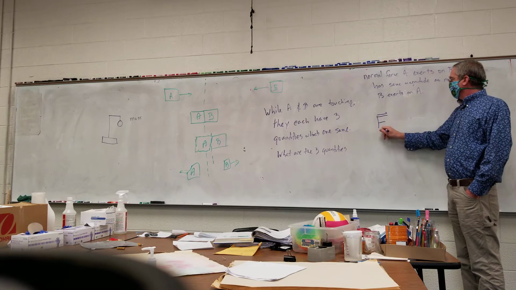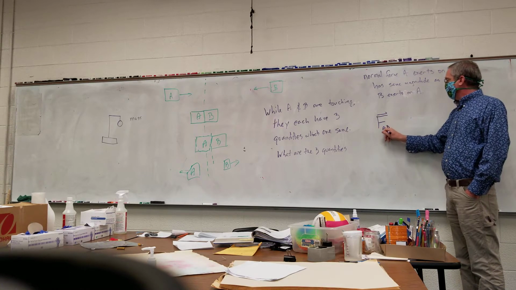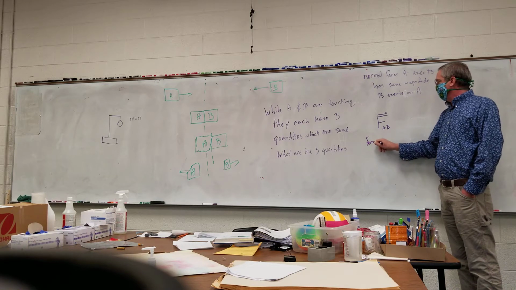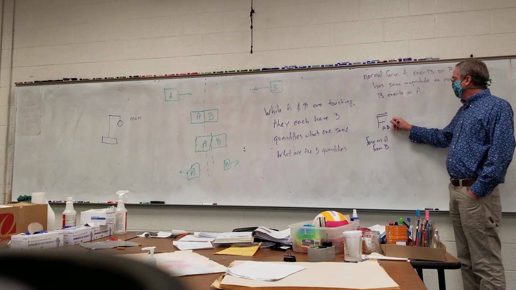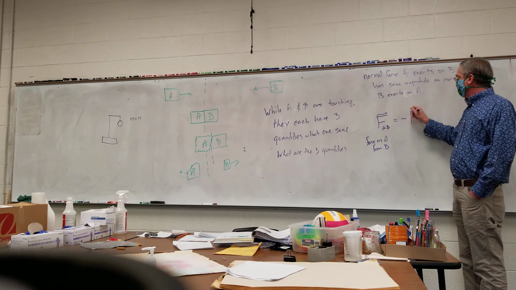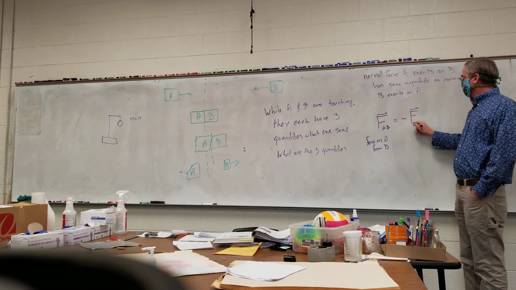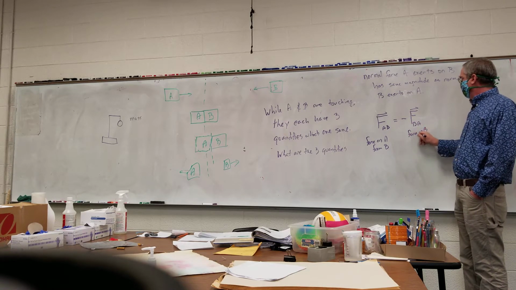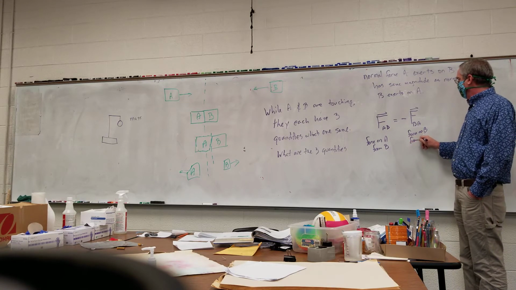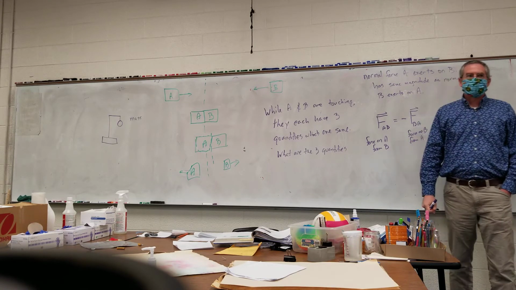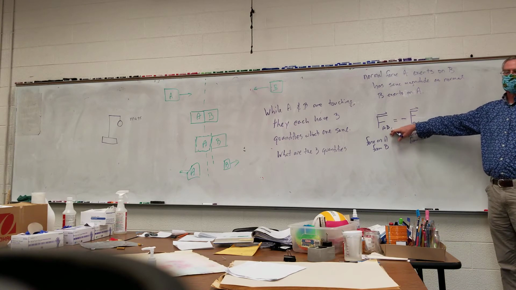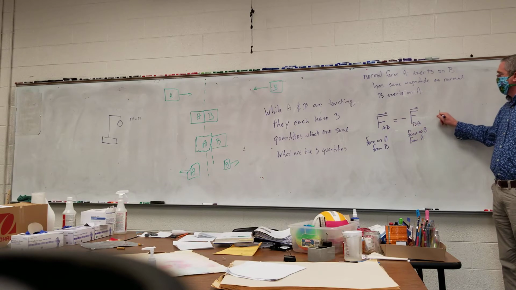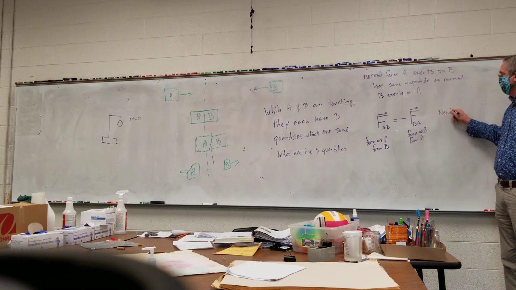The force on A from B equals, and the negative sign is indicating direction, it's the opposite direction, the force on B from A. This right here, this is just the shorthand notation for Newton's third law.